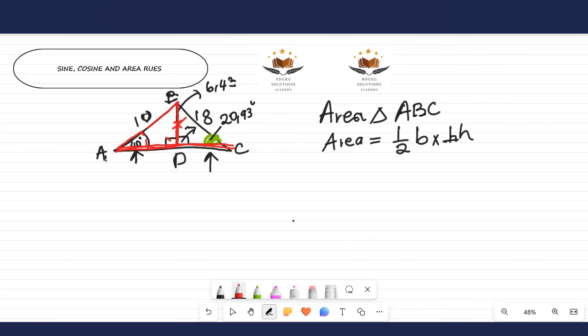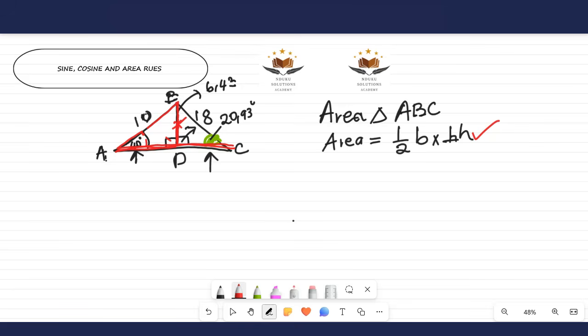So what needs to happen? We need to go and find AC before we can use this formula. Because we have two triangles, we cannot directly find AC. We'll use the two triangles with the information that we have.